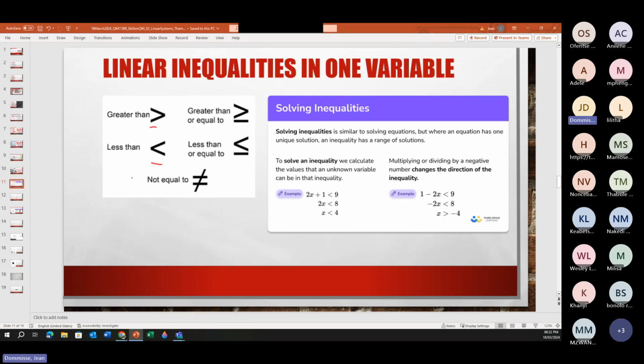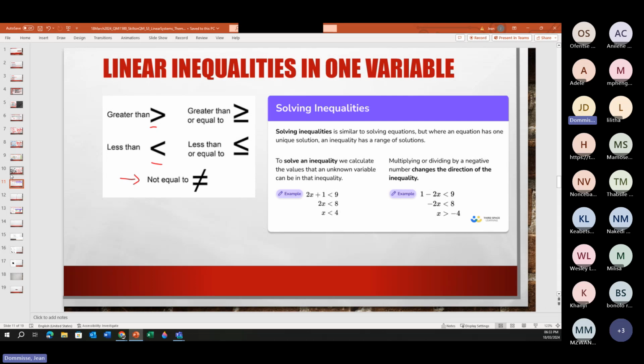What you're not really going to see in these equations, but it's just good to know, is the not equal to. But I have not seen any of your assignments or exams where they actually give you a not equal to question.